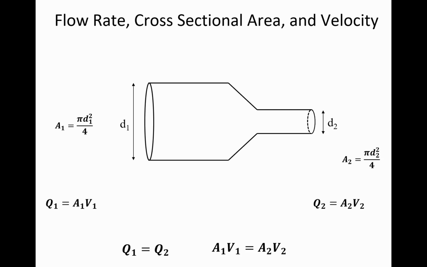But think about what happens when you put your thumb over the end of a hose. When the hose is open and unrestricted, the water comes out at a certain speed. But then when you put your thumb over part of that opening, the cross-sectional area is less than it was before you put your thumb on. And now since the area is lower, the velocity increases.